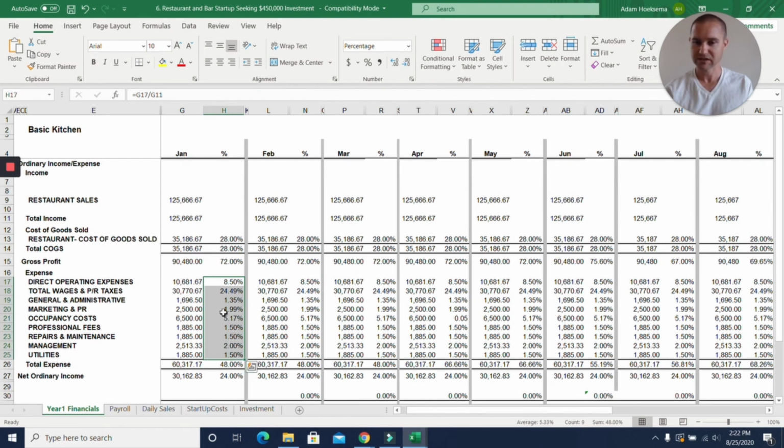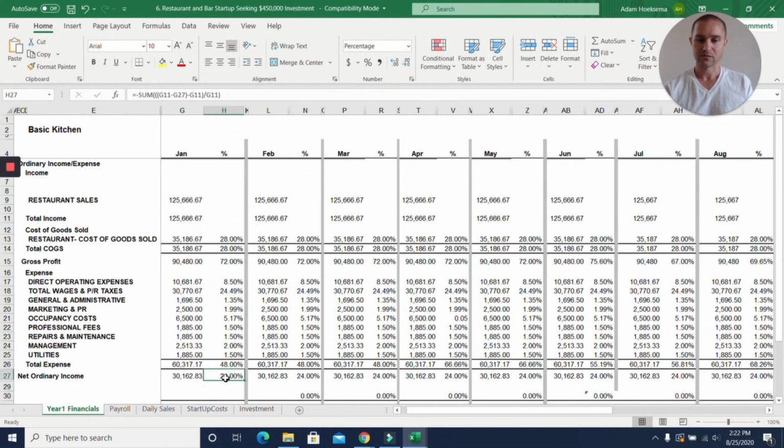that all of these categories are probably undercounted a little bit. Maybe general and admin shouldn't be 1.35%, maybe it should be 4%. When you do that across all these different categories, what you're going to end up seeing is that this is going to be much lower.